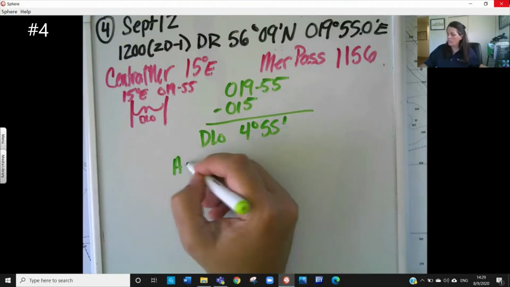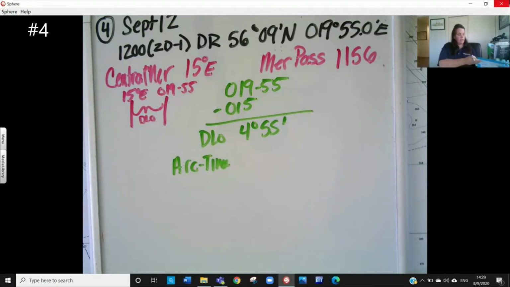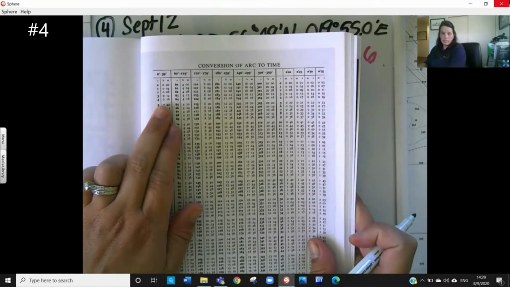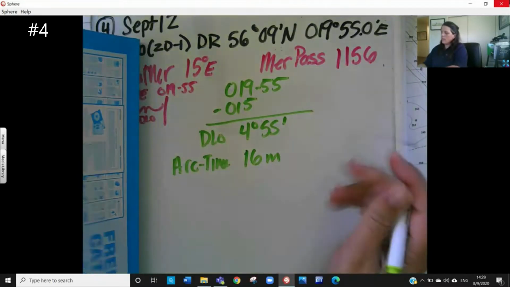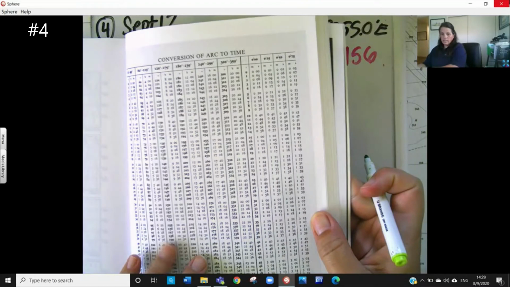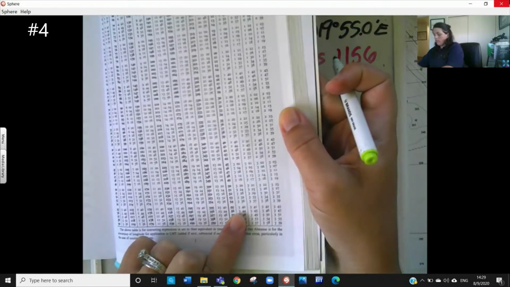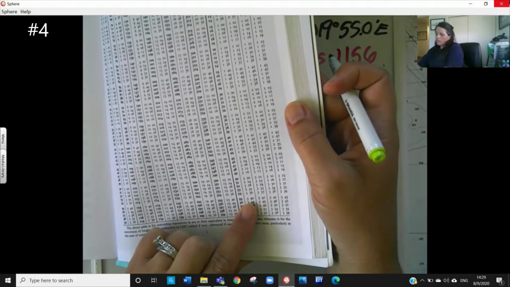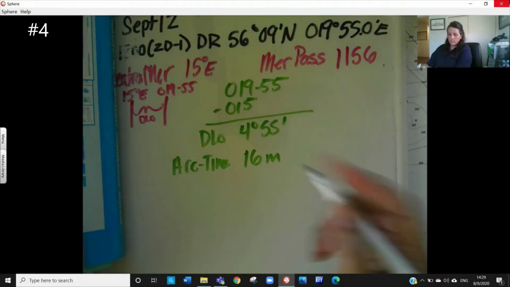We need to convert that to time. So our 4 degrees is going to be 16 minutes. And 55 minutes is going to be 3 minutes and 40 seconds.